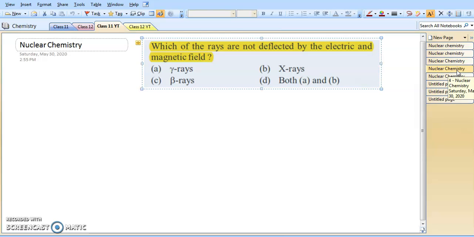Which of the rays are not deflected by electric and magnetic fields?